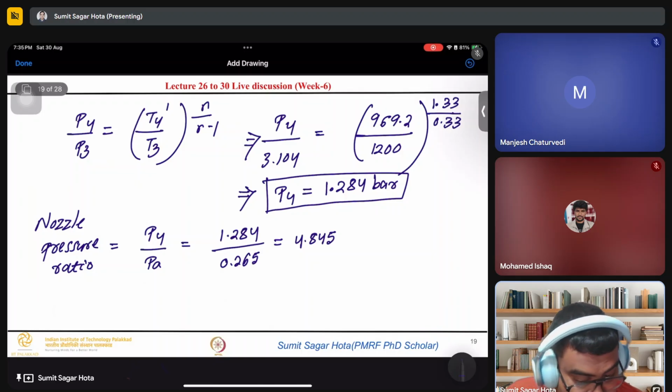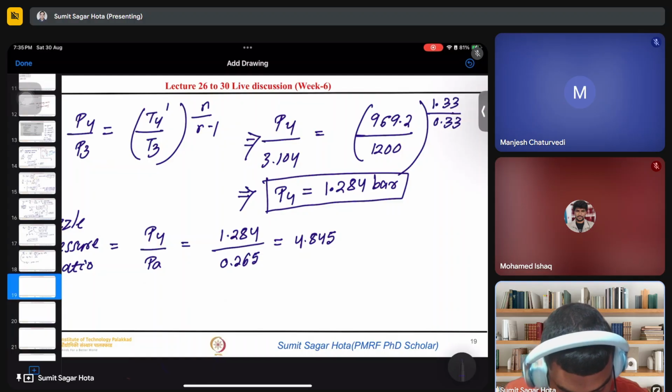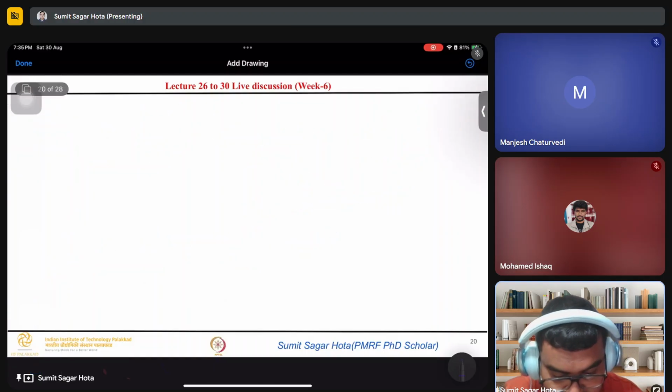Because there is one similar term called the critical pressure ratio, which is an extremely important term, especially in this kind of actual cycle.